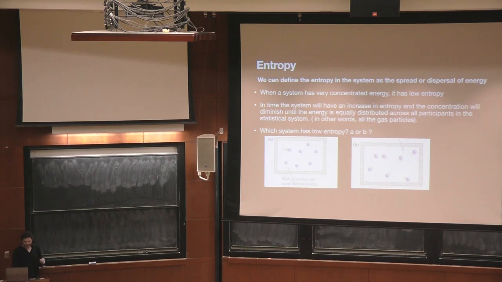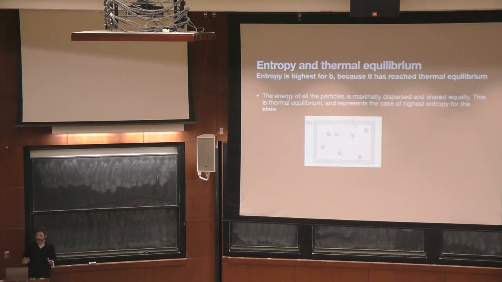So in other words, we have these gas particles, and both gases have the same thermal energy, but in one case, only one of the gas molecules is moving, and in the other, they're all moving. So which system do you think has lower entropy, A or B? Okay, so it's B, because this is the case where all the particles are dispersed. So the entropy is highest for B, because it's reached thermal equilibrium.